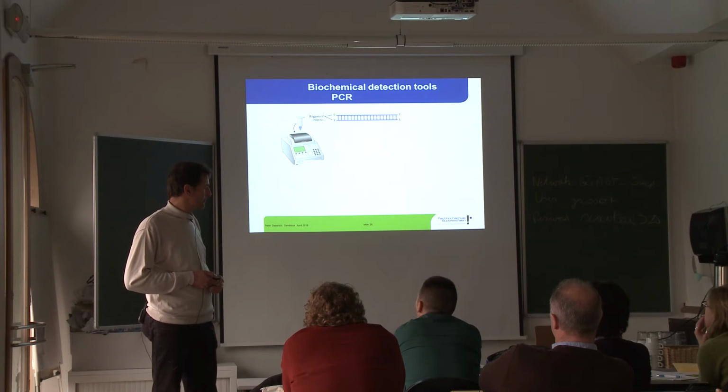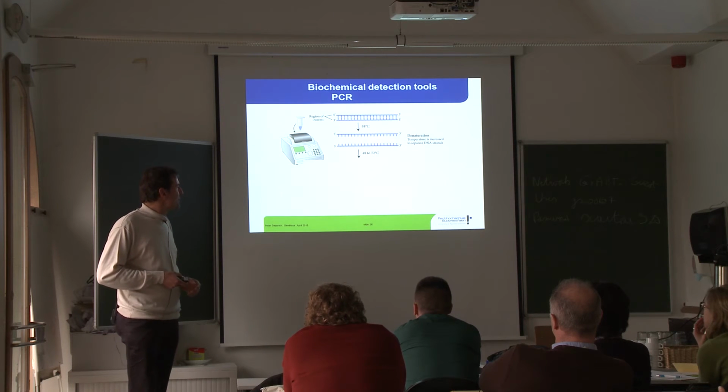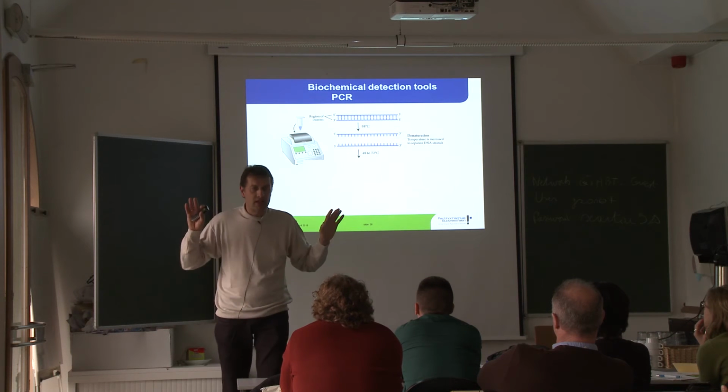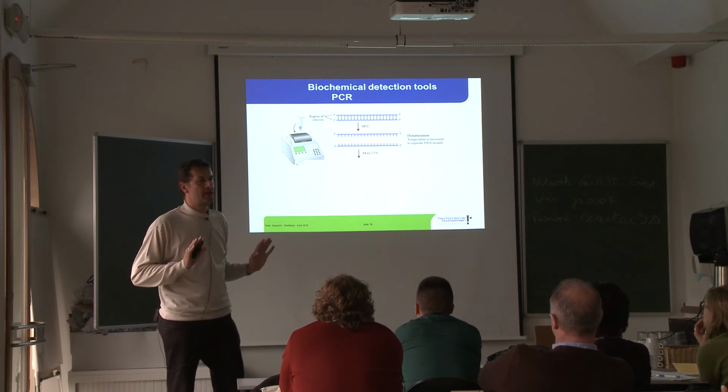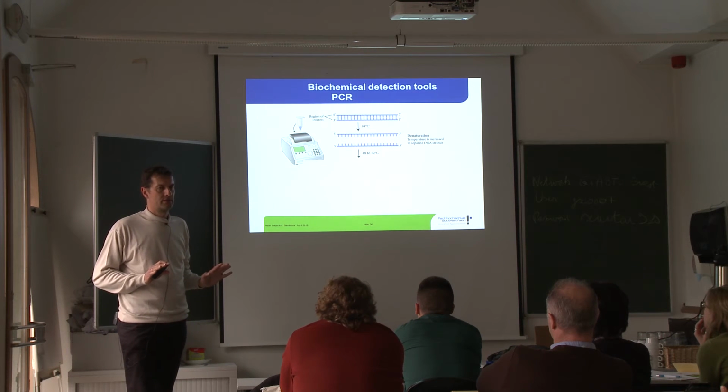All that is happening in about 50 microliters of reaction mix. So first, the DNA has to melt, has to be broken up into two single strands. Here is a standard temperature given. All those temperatures and times that are given here are standard, and need to be optimized for every single procedure.